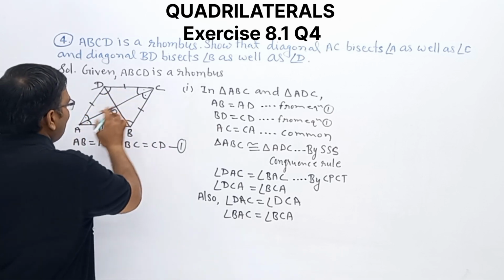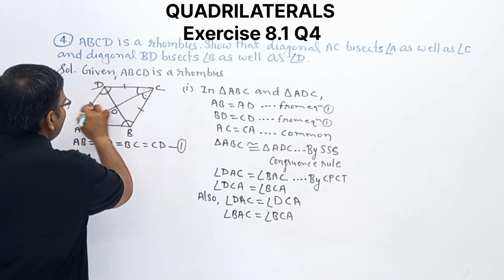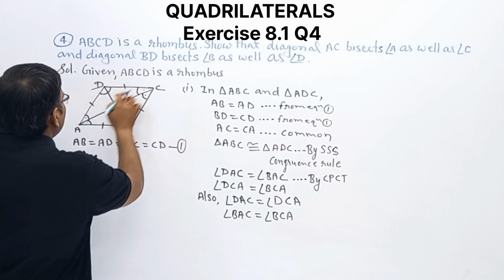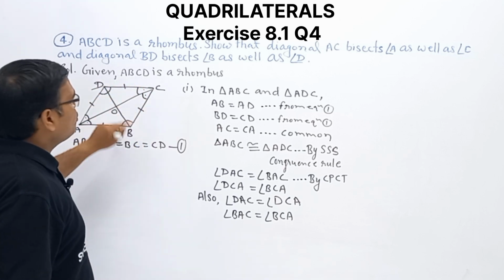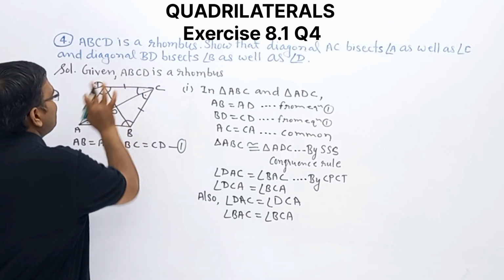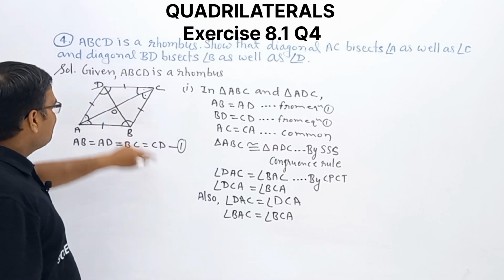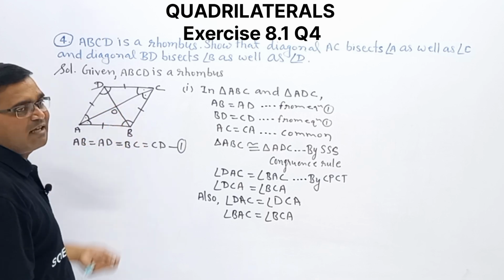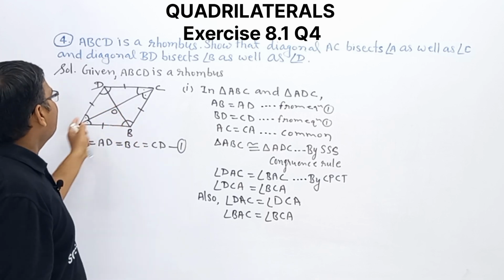To prove this one, we are taking two triangles, triangle ABC and triangle ADC. In these two triangles, AB equal to AD and BC equal to CD, because this is a rhombus, and in the rhombus all sides are equal. Clear? And AC is common.